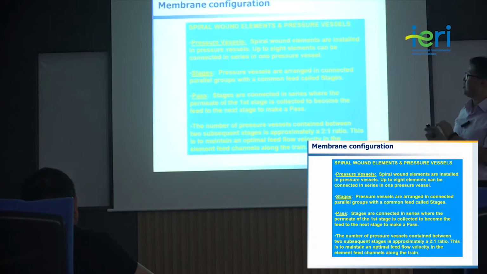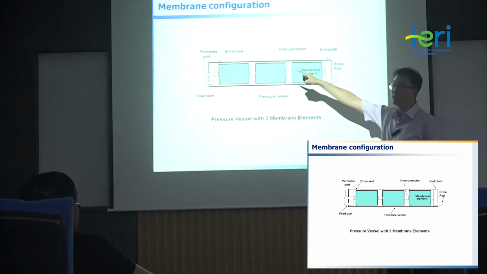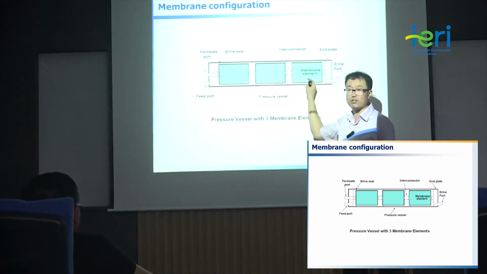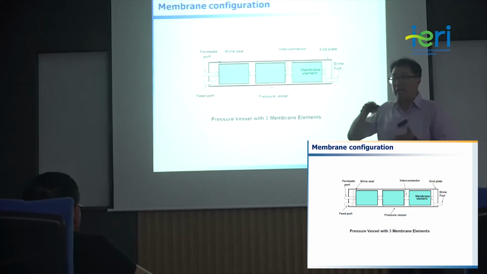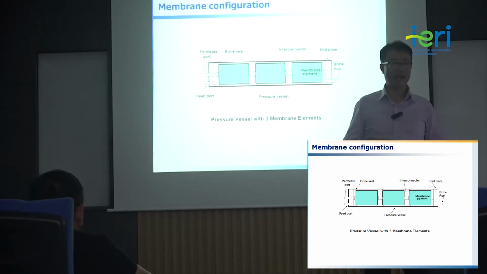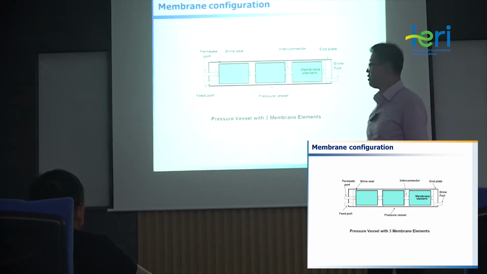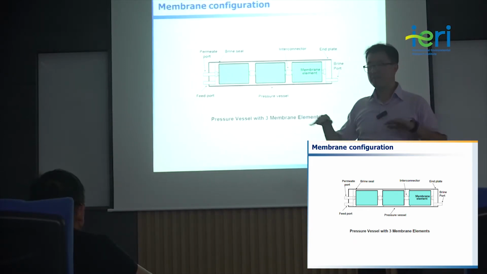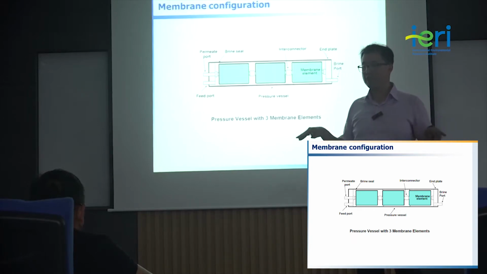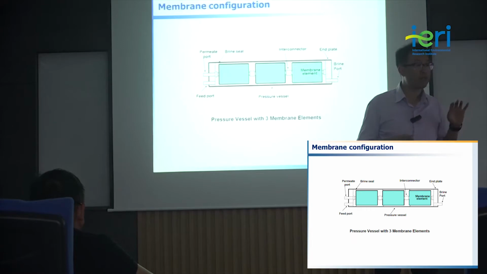So in a membrane system, you should know the concept of pressure vessels. A pressure vessel holds several membrane modules and can resist very high pressure, up to 80 bars, 90 bars. Because as I told you earlier, the minimum required pressure for seawater desalination is more than 50 bars.